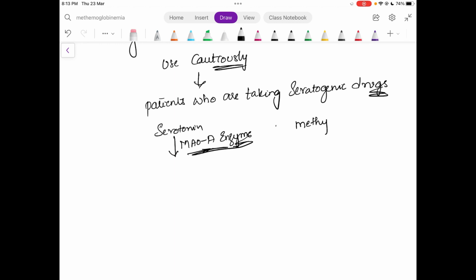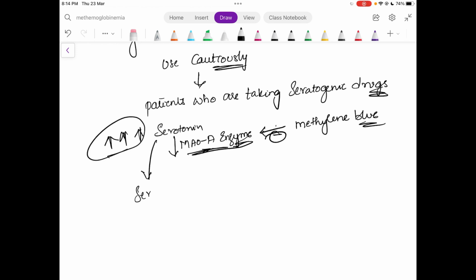This enzyme is inhibited by methylene blue, which increases serotonin levels, and it will cause serotonin syndrome.